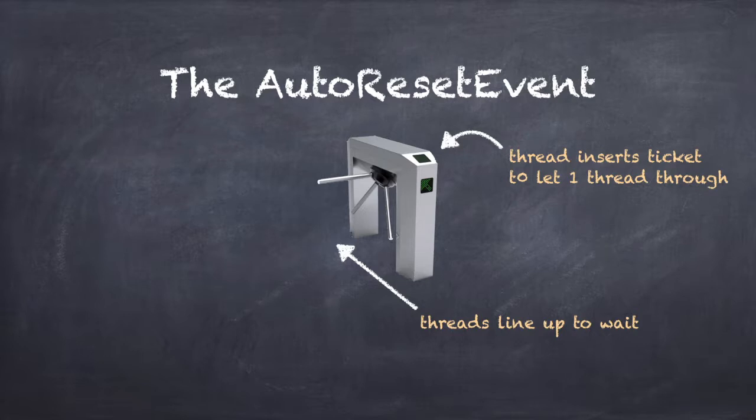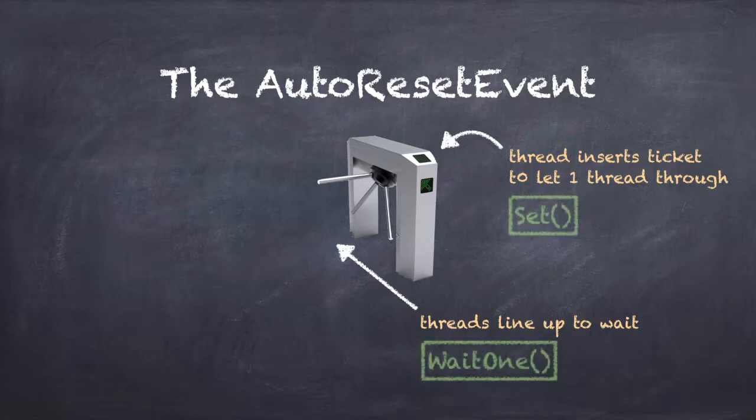A thread lines up behind the turnstile with a call to AutoResetEvent.WaitOne and a call to AutoResetEvent.Set lets a single thread through. WaitOne and Set can be called from two different threads.